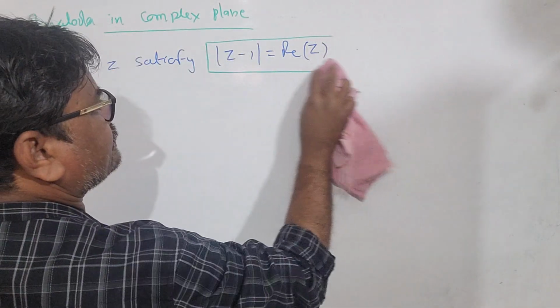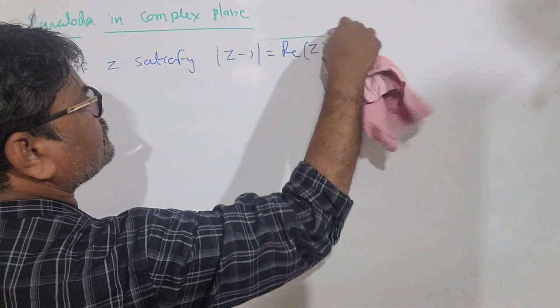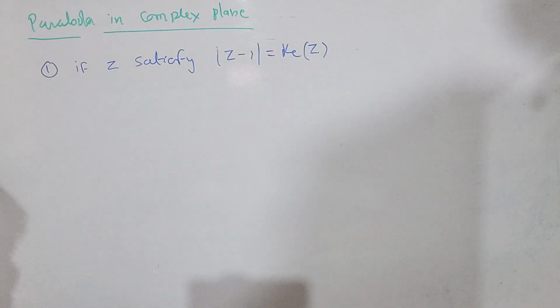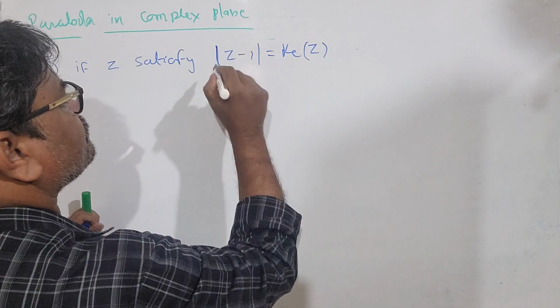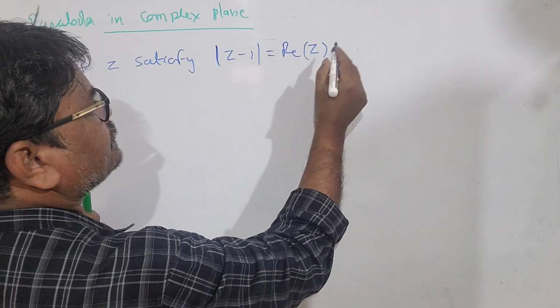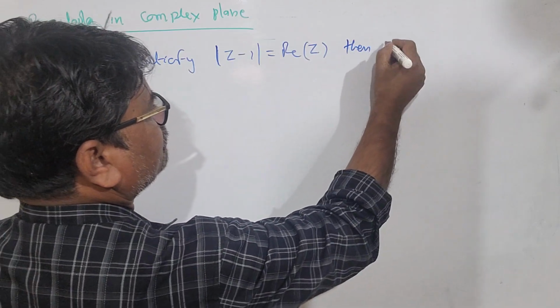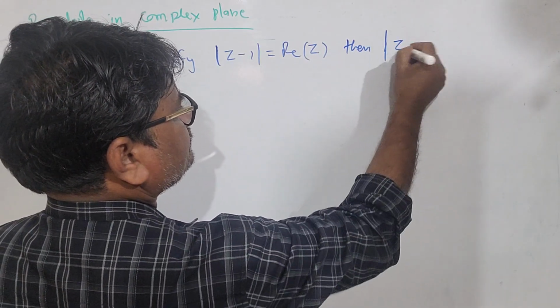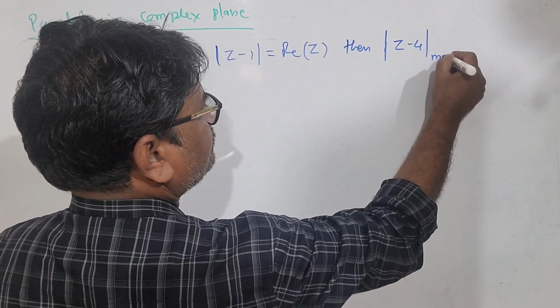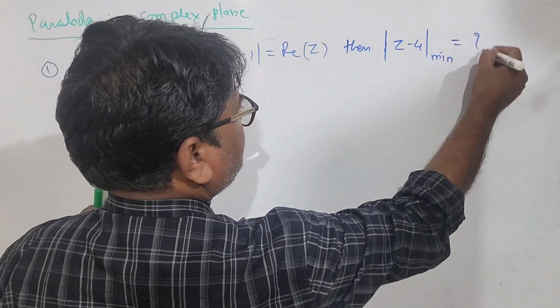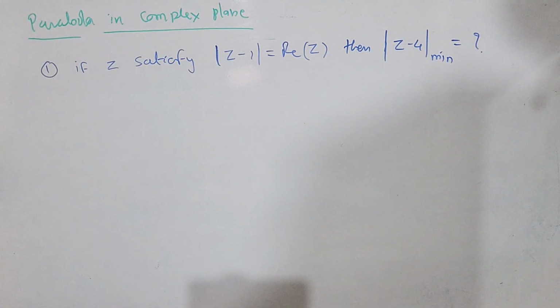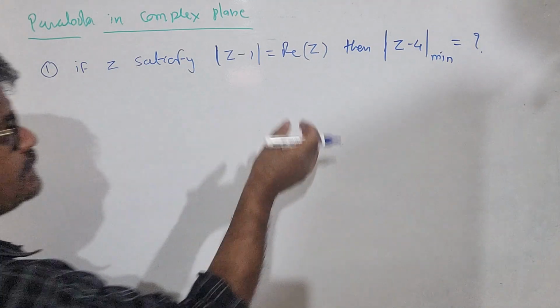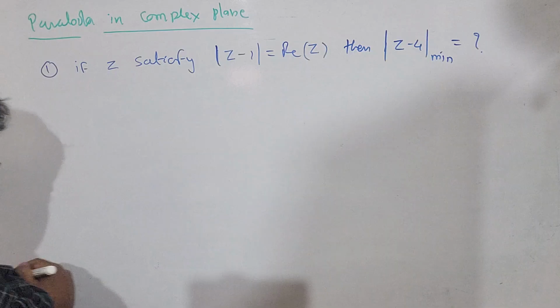The second question is like this. See, z satisfies modulus of z minus 1 equal to the real part of z, then the minimum of modulus of z minus 4 is equal to how much? We have to find the minimum distance of z from 4, and z is lying on this parabola.